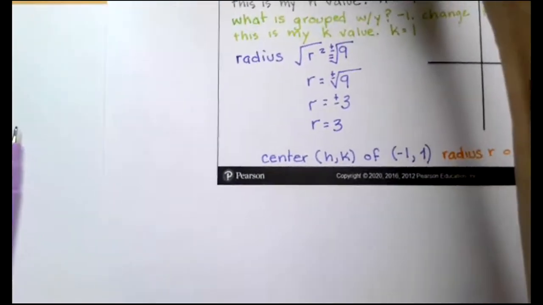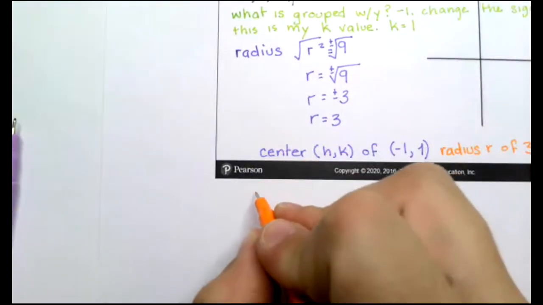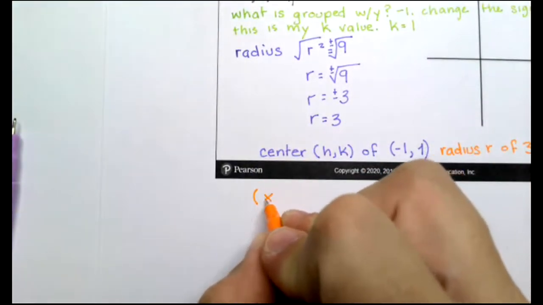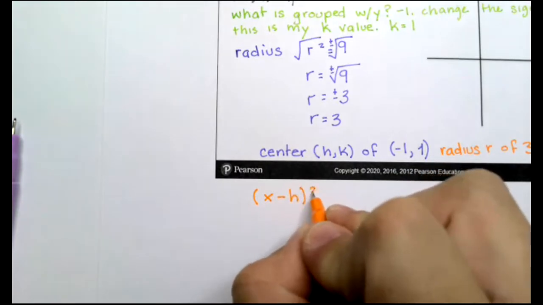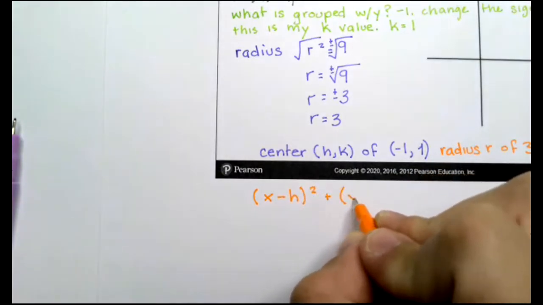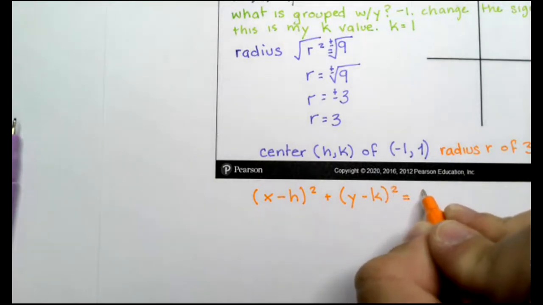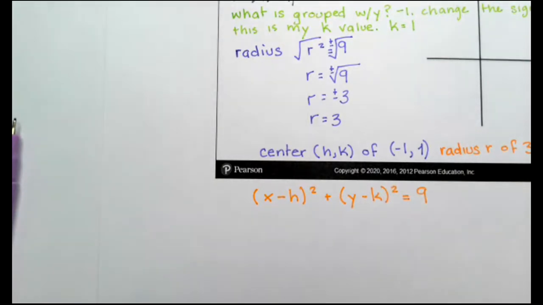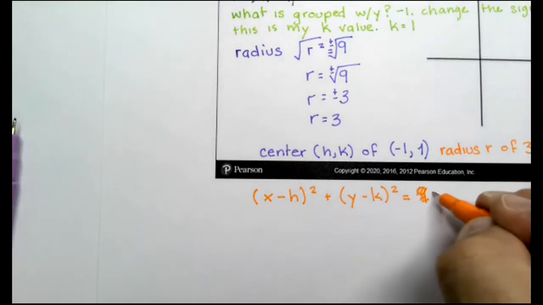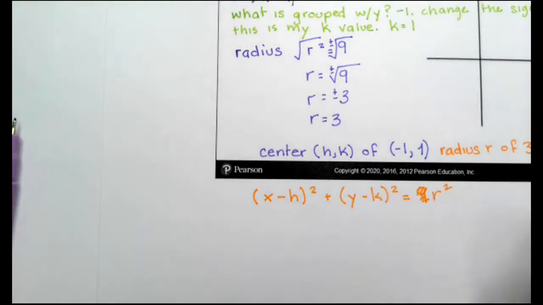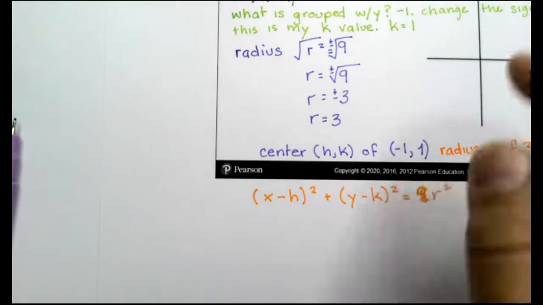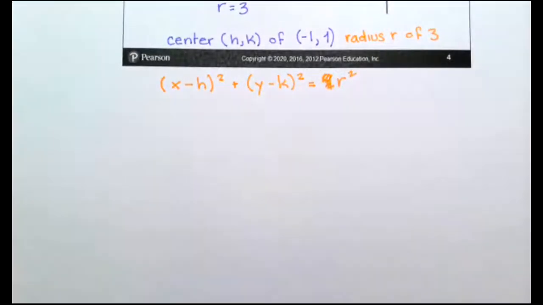Sorry. And let me just show you the h and the k one more time, okay? So the equation is x minus h squared plus y minus k squared equals r squared. So we said the center is (-1, 1), right?